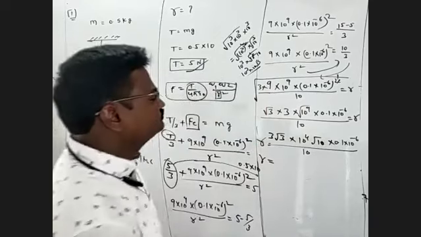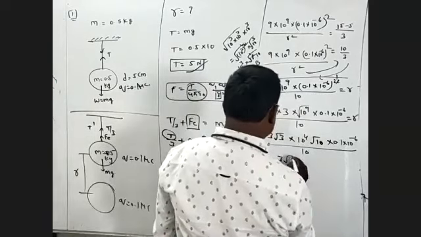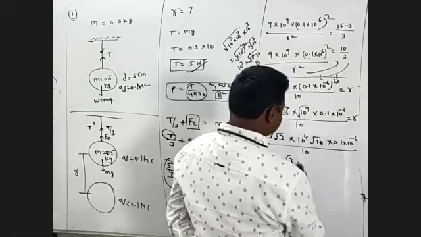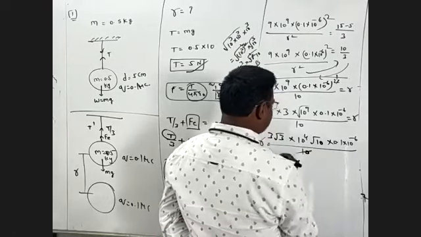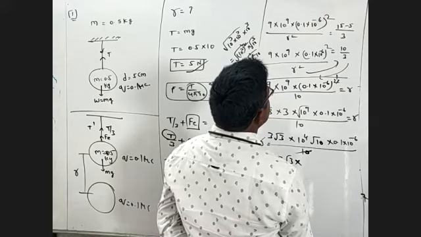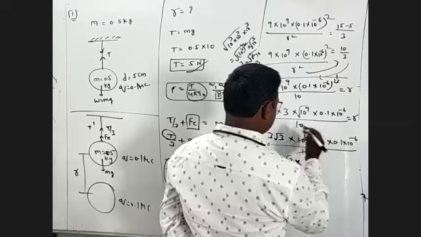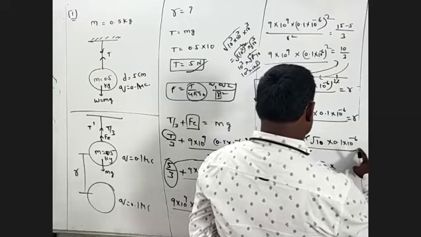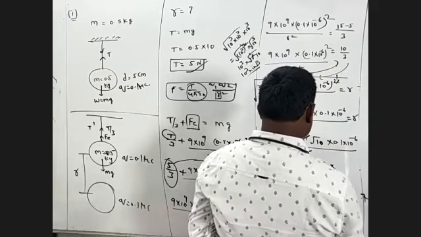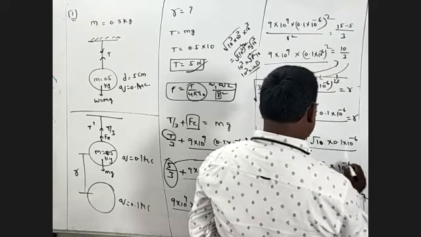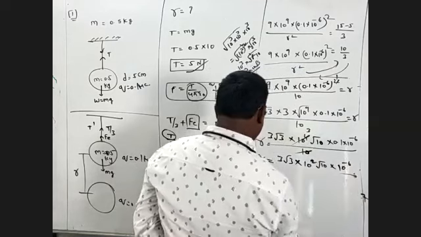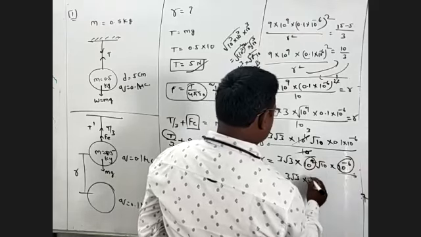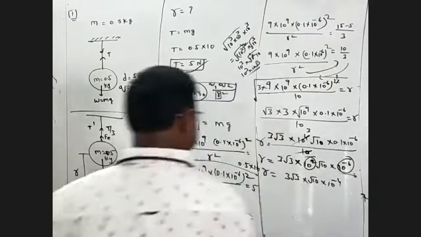R is equal to, this is going to simplify, 3 root 3 into 10 power of 4 root 10. This is 10 power of 3 root 10 into 0.1. Now this is 10 power of 3. Now you can write 10 square, 10 power of minus 6. R is equal to 3 root 3 and 10 square, 10 power of minus 6. What is the value? Root 10, 10 power of minus 4.